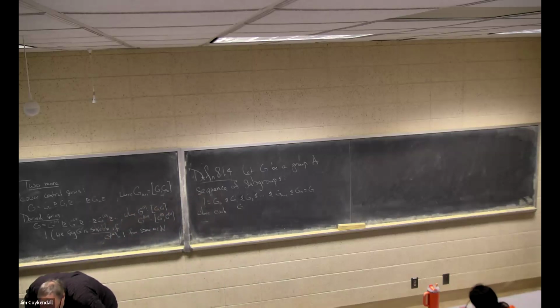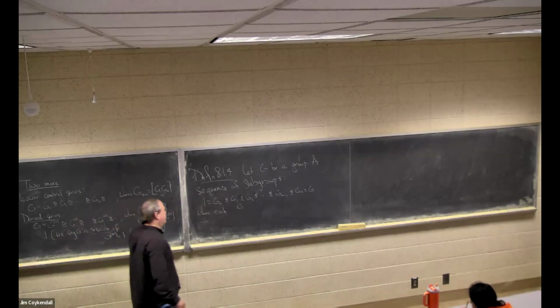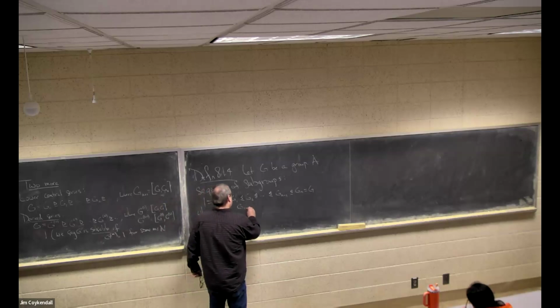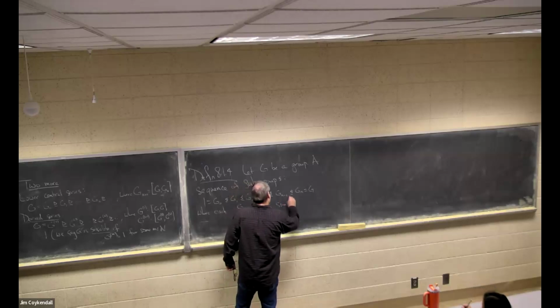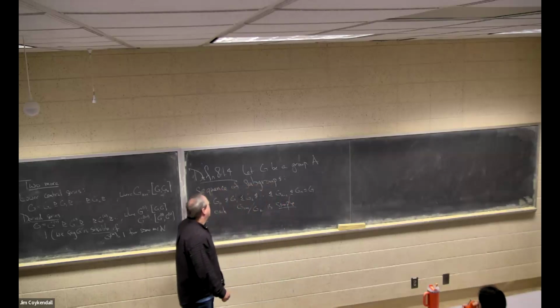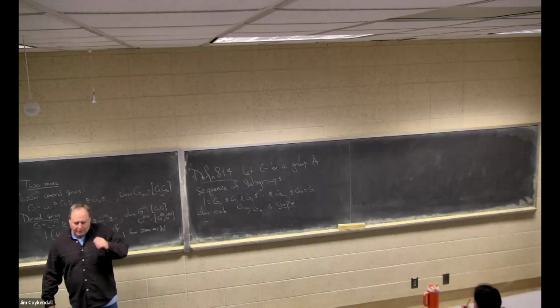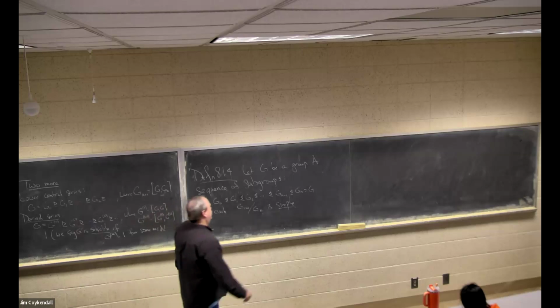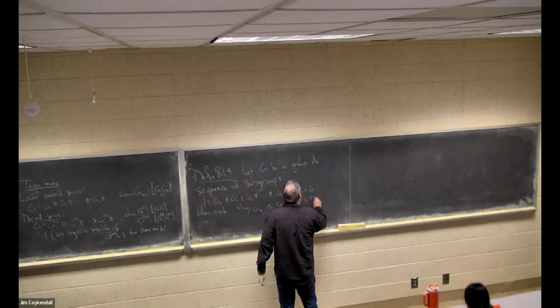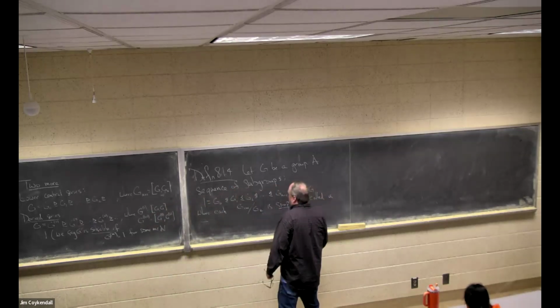For each G_{k+1}, so let's suppose that I have a sequence of normal groups and every successive quotient is simple. This is called a composition series.